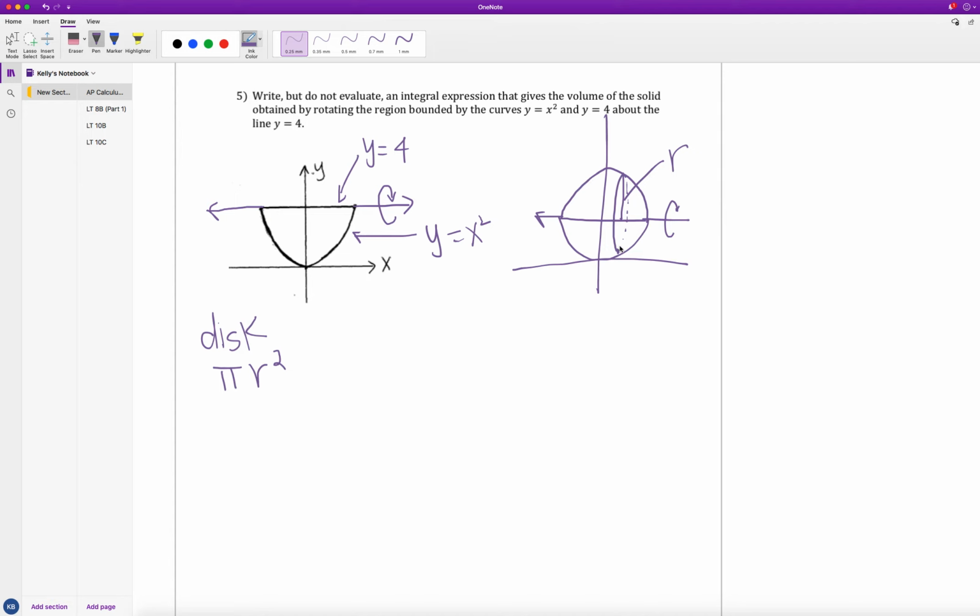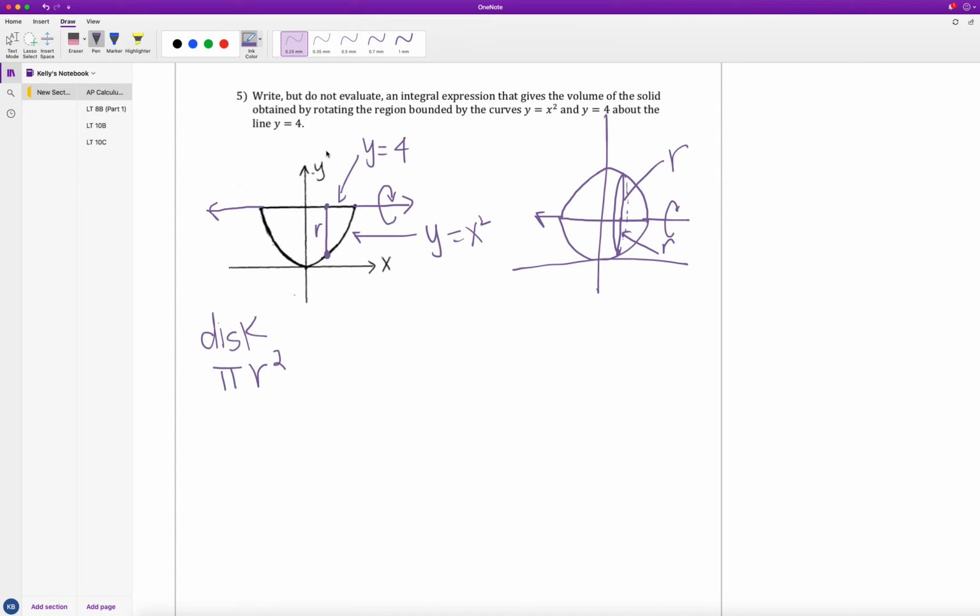So if I were to draw my radius, it's going from my axis of revolution down to this curve. So that is another place that I could draw my radius. If I go back to the two-dimensional graph, to get my radius, I go to my axis of revolution, which is y equals 4, and I go towards the first curve that I'm going to intersect, or in this case, the only curve, and that right there is going to be my radius.